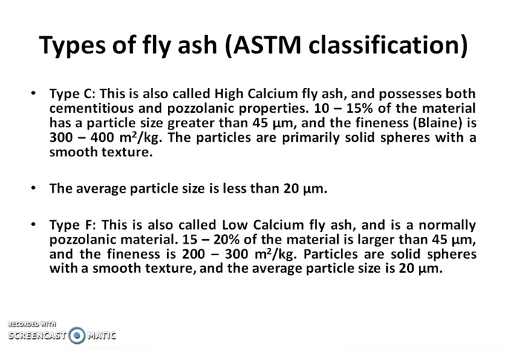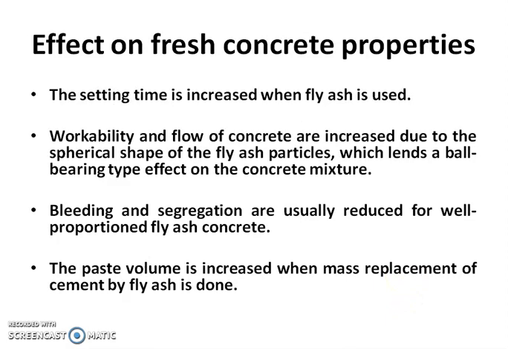The average size of the particle is less than 20 micrometer. But type F is called a low calcium fly ash, just the reverse of type C, and it is normally a pozzolanic material. 15 to 20% of the material is larger than 45 micron. Here it is lesser in size, here it is larger in size. The particles are solid spheres with a smooth texture, and the average particle size is around 20 micrometer.